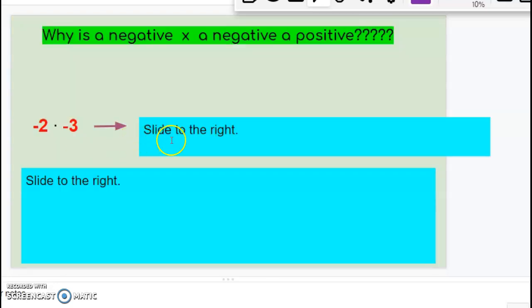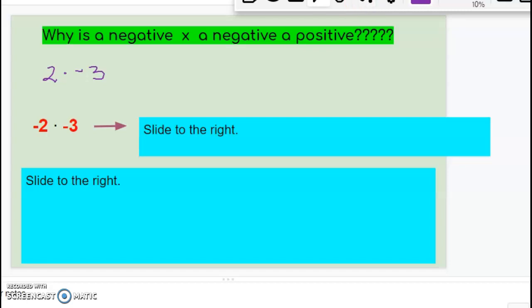So let's go back and think of our chips. So if you have a negative 2 times a negative 3, well, think about it. I can say two groups of negative 3. But I can't say I have negative 2 groups, right?